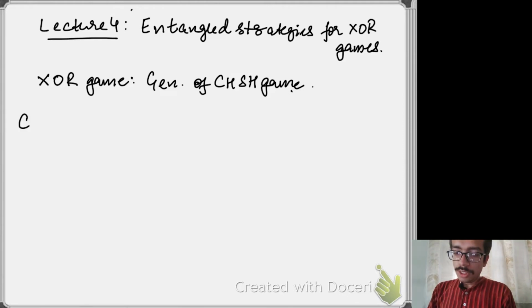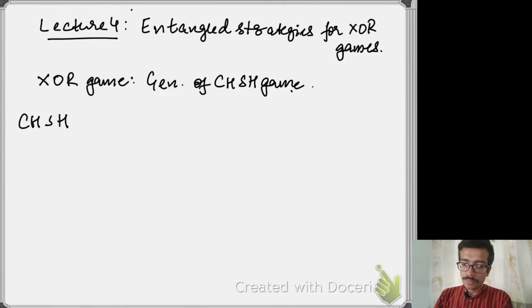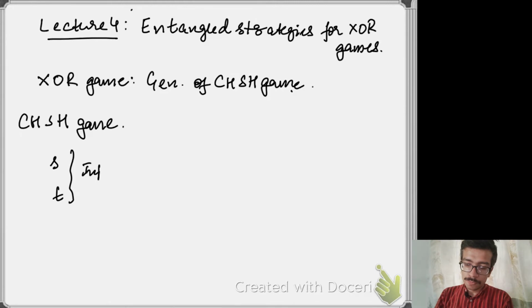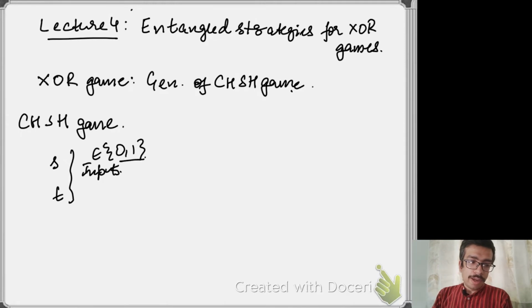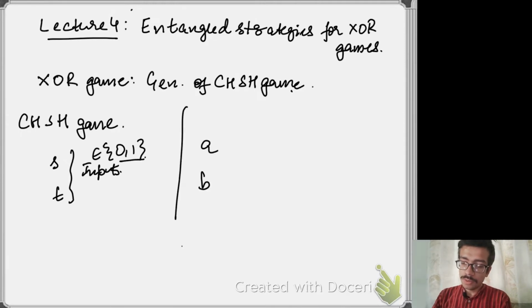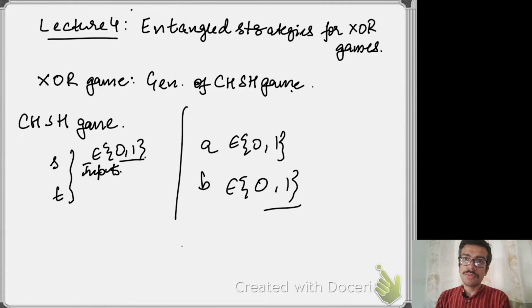So if you recall, in the CHSH game, we had Alice and Bob who received inputs S and T, and these lay in the range 0 and 1. And they produced outcomes A and B each, which were constrained to lie in the 0-1 regime. We also had the ±1 case as well.